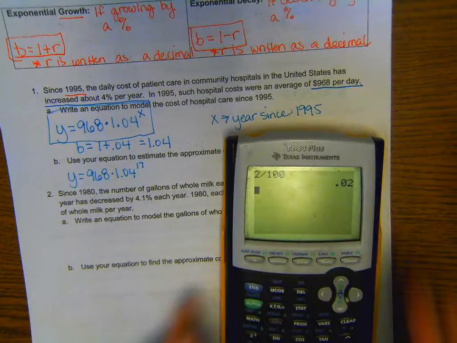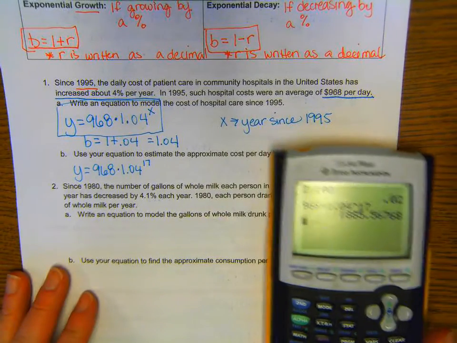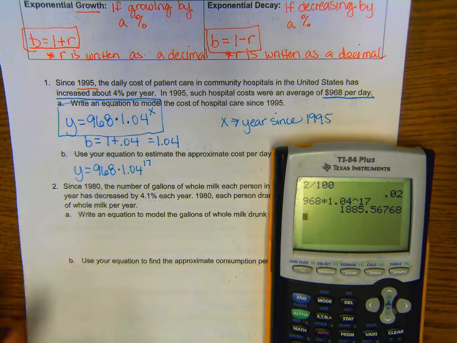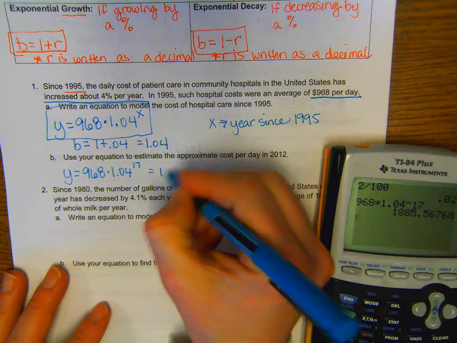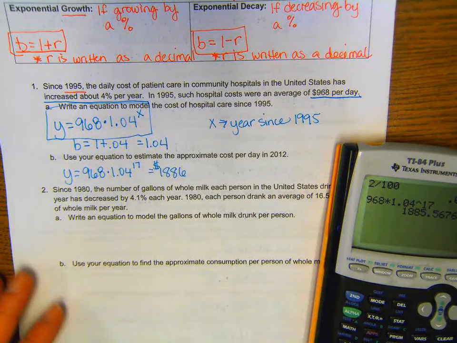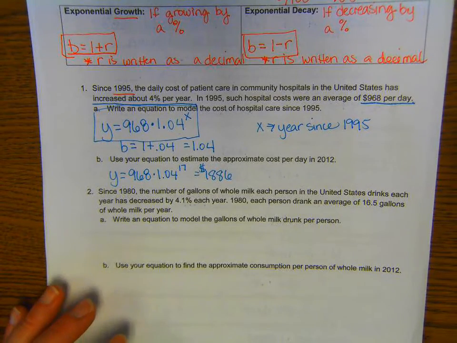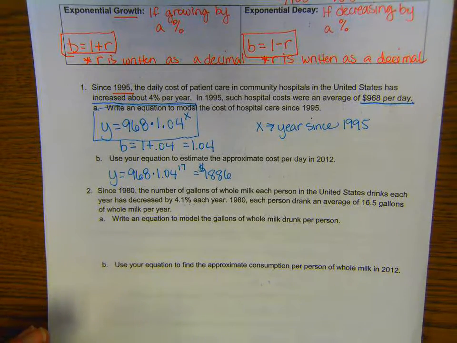I gotta find my calculator. Oh no, it's right here in front of my face. Alright. And since they gave it to us in the nearest dollar, let's just leave it to the nearest dollar. This looks like 1,886 or 85, depending if you round or truncate, dollars.